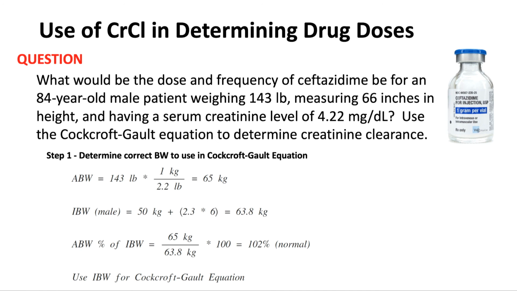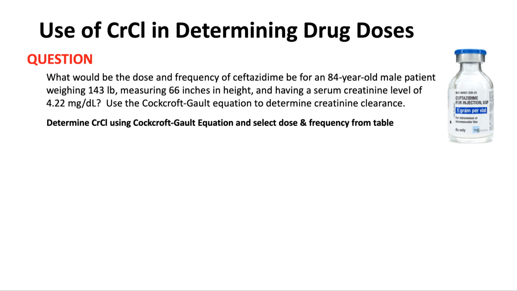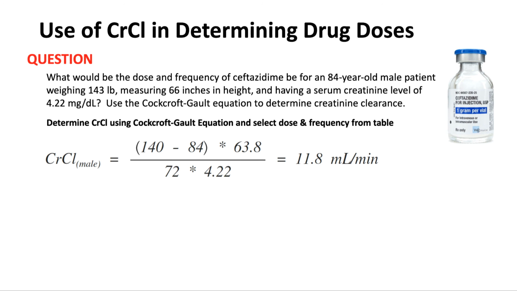They're very close to their ideal body weight. They're certainly not less than their ideal body weight, but nor are they greater than 125% of the body weight, so they're certainly not obese. So they're 102%. That's between 100 and 125%, which means we will just use their ideal body weight for the Cockcroft-Gault formula.